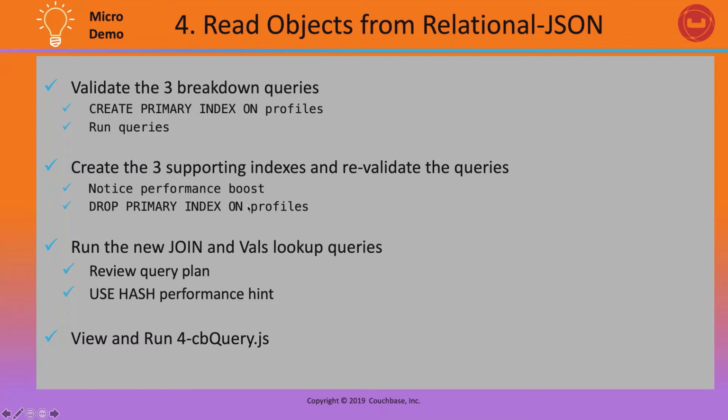I'm going to drop the primary index after that. Then I'm going to run the new join, the new nickel join, and the vals lookup queries. We may have time to look at the query plan there. And then I'm going to run those in actual JavaScript after that, so you can see those. Okay, here we go.